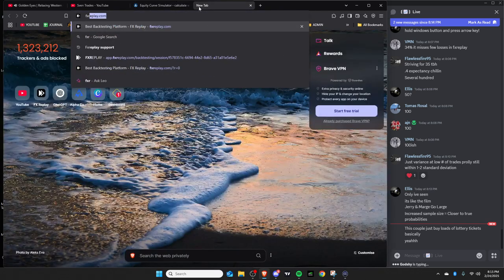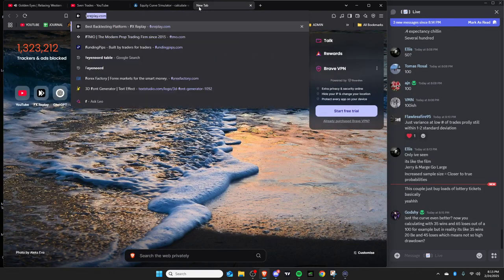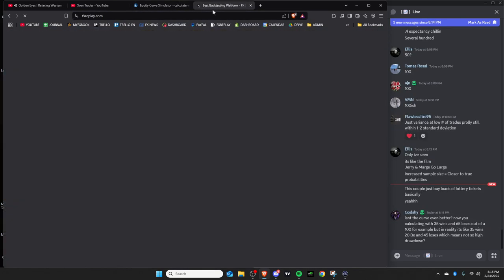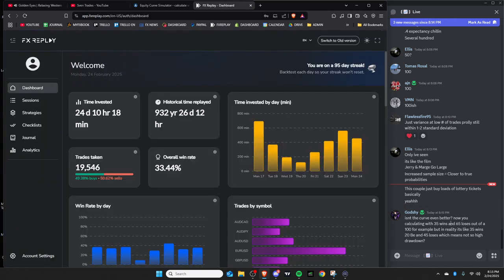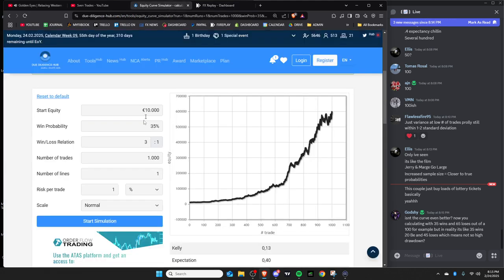Enough about that. We're going to continue our data. Isn't the curve even better? Now you're calculating with 35 wins and 65 losses out of 100, for example, but in reality, it's 35 wins, 20 breakevens, and 45 losses. Yes, but seeing as the break even is not included in this simulation, it doesn't really count.